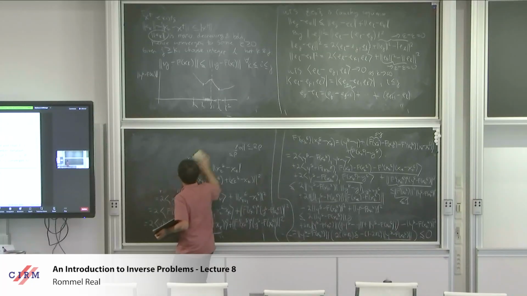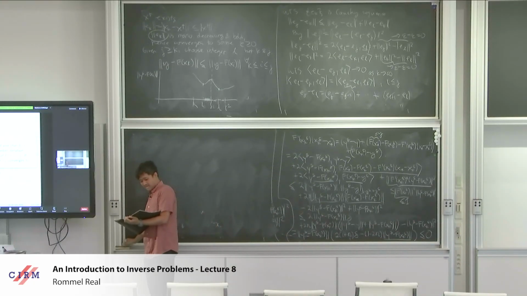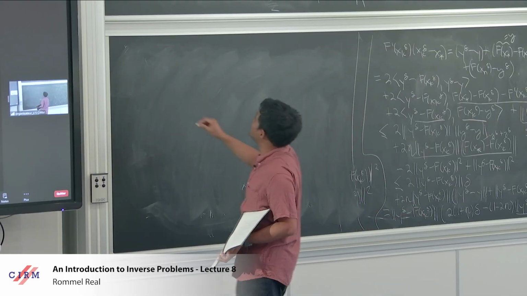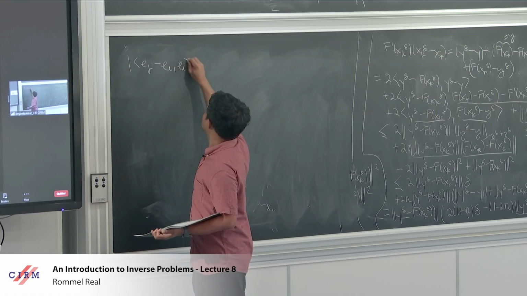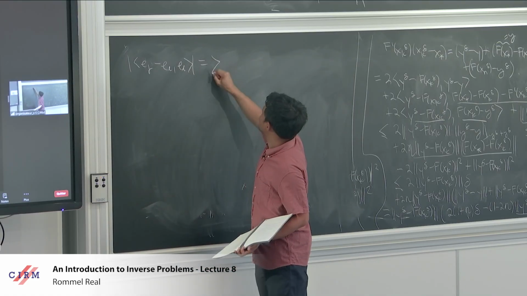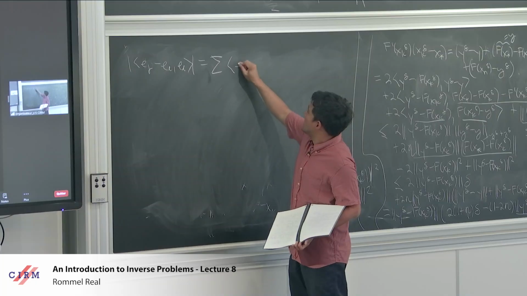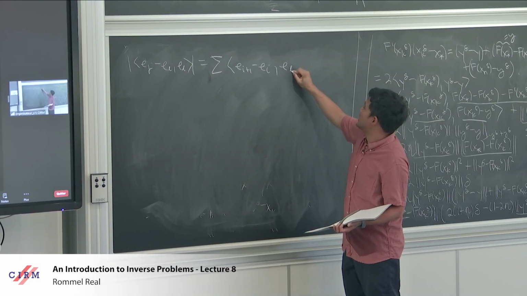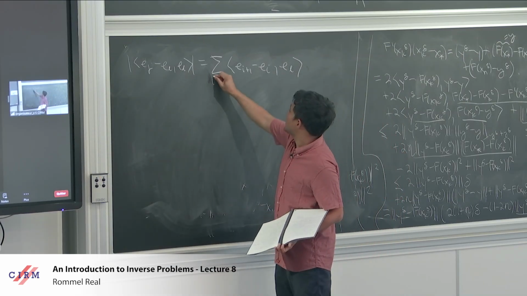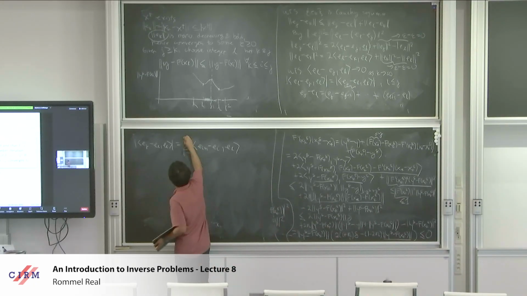From this one, by computing E sub L, this will be equal to, by using the telescoping sum, the sum of E sub I plus 1 minus E sub I, inner product with E L, where I is taken from L to J minus 1.